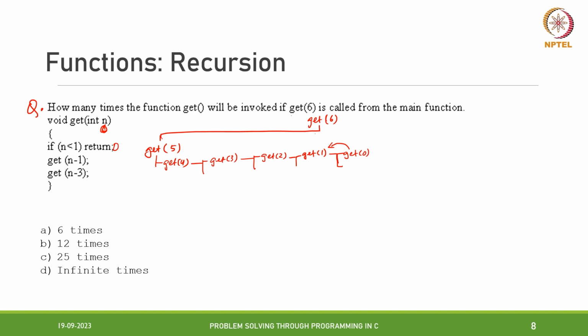Now this is returning a value of 0 back to get of 1. Get of 1 called get of 0, that is what you need to remember. So it came back here. What is the next thing that get of 1 will call? Get of n minus 3. What is n minus 3? N is 1, so 1 minus 3, it will call get of minus 2.